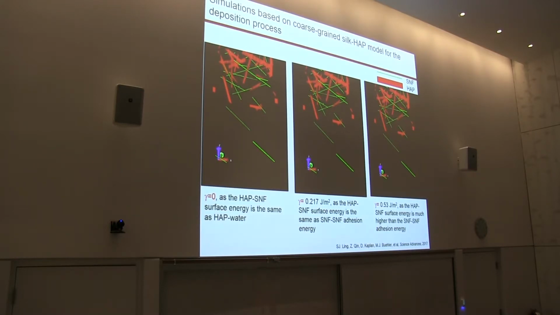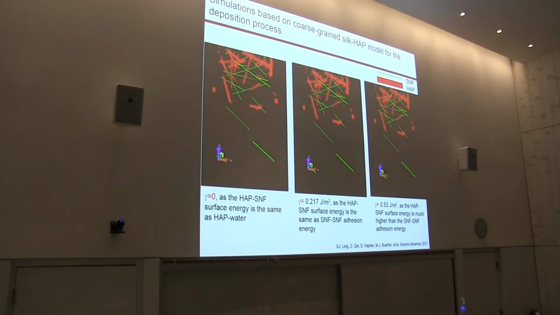So this interfacial energy actually represents the physical surface energy, but also it reflects some flow rate, because once you increase the flow rate, it gives less time for the silk to fully relax on the mineral surface, and then that can reduce the surface energy as well.